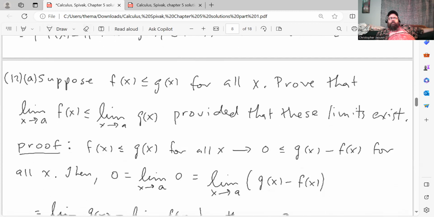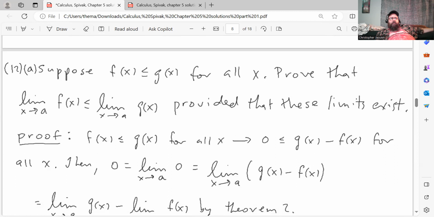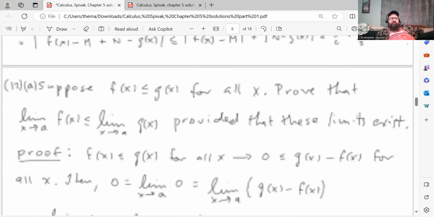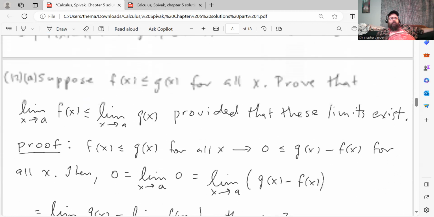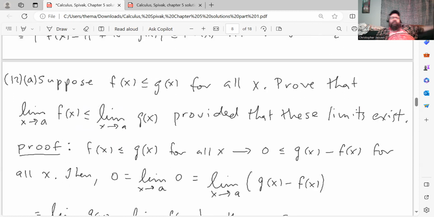Okay, going on to question 12. I think there's a bunch of parts to this one too, so let's just start with part A. Part 12A says, suppose f of x is less than or equal to g of x for all x. They want us to prove that the limit as x goes to a of f of x is less than or equal to the limit as x goes to a of g of x, provided that these limits exist.